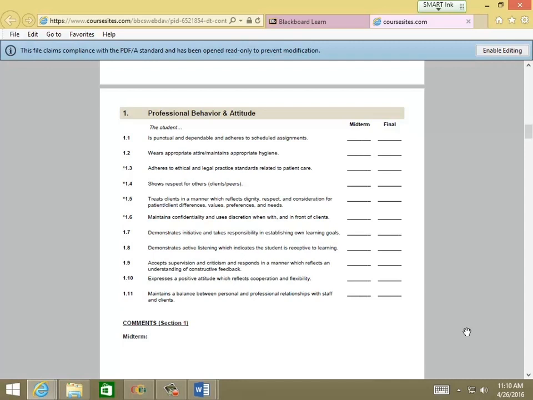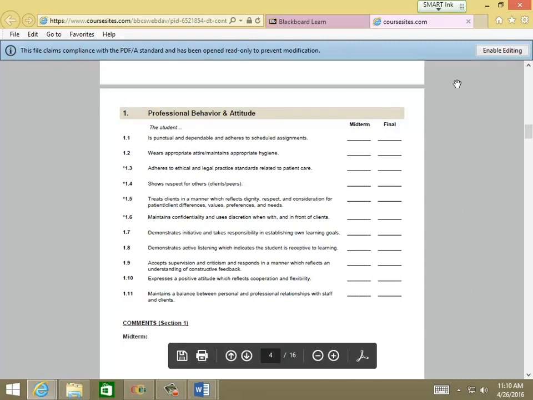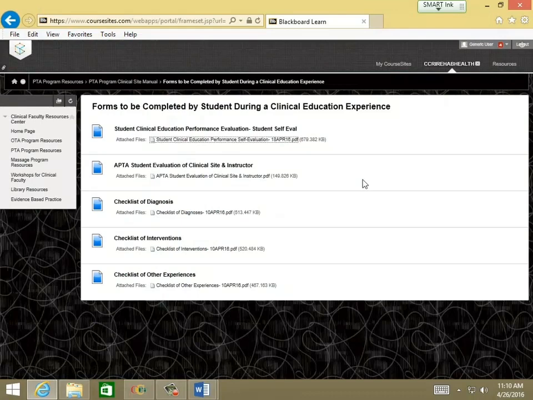If there's any areas of big discrepancy, that would be the time to have a discussion about where that discrepancy might have come into play and give the student some constructive feedback as to their score through your eyes. So again, they can calibrate their own self-assessment skills. So that is the student performance self-evaluation.